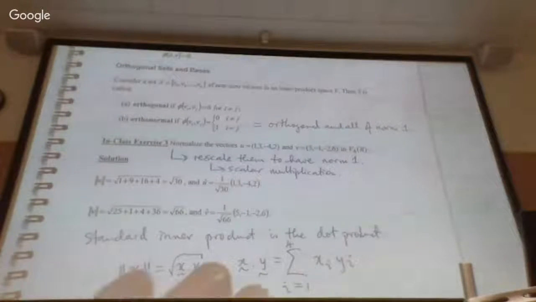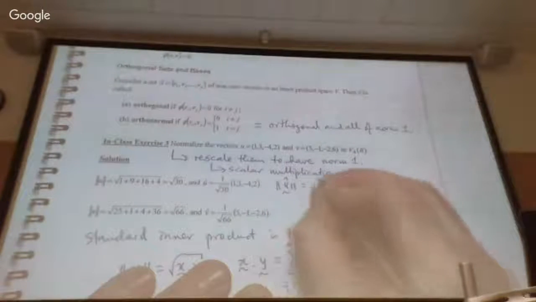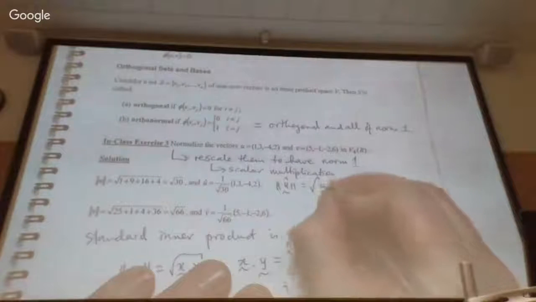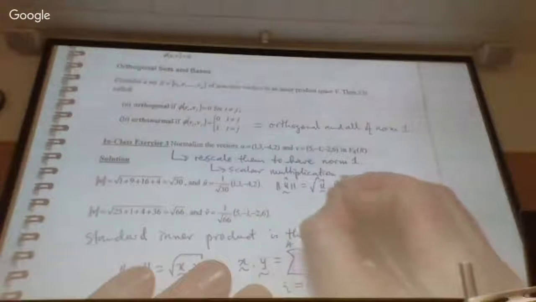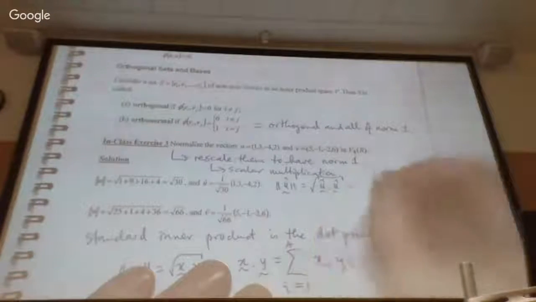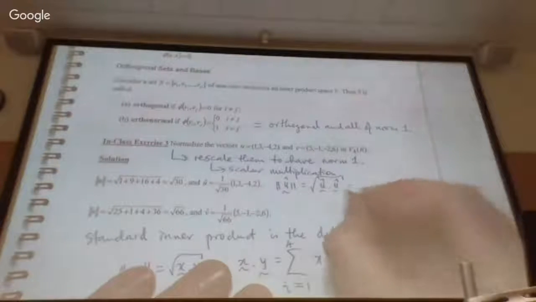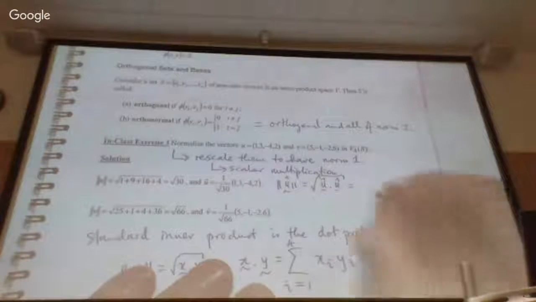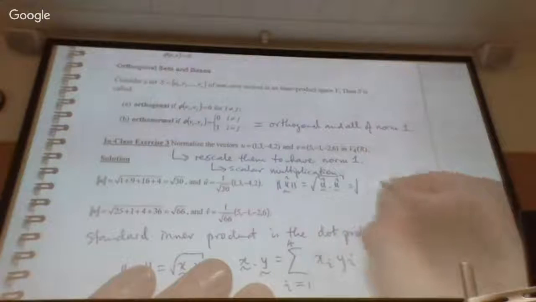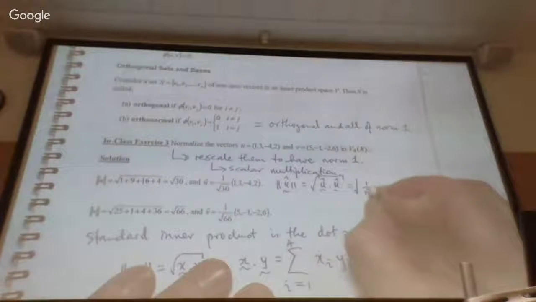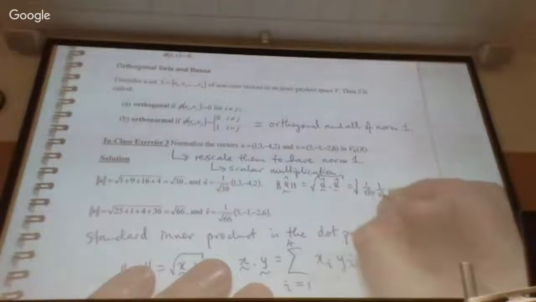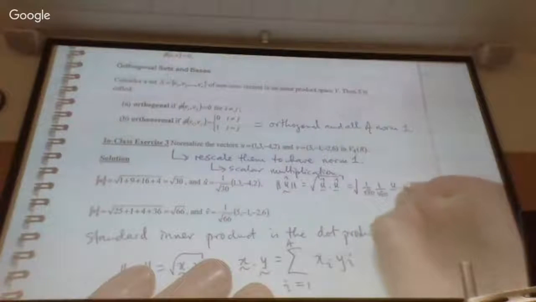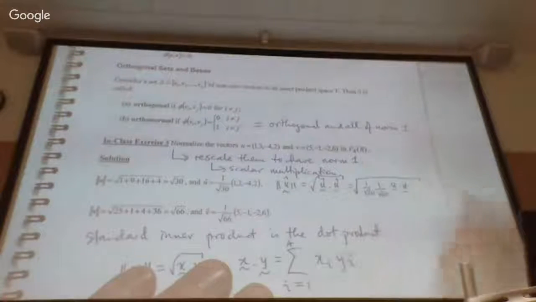If you took the norm of this u hat, by definition, it's the square root of u hat dot u hat. Well, u hat is 1 over the square root of 30 times u. So that by definition is the square root of 1 over root 30 by 1 over root 30 times the dot product of u with u.